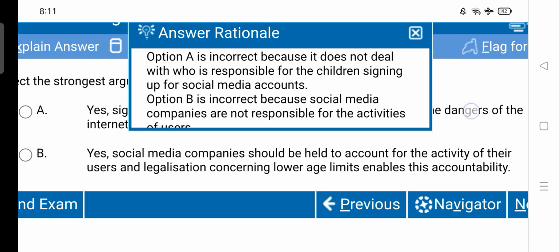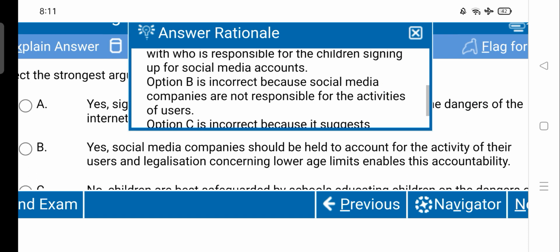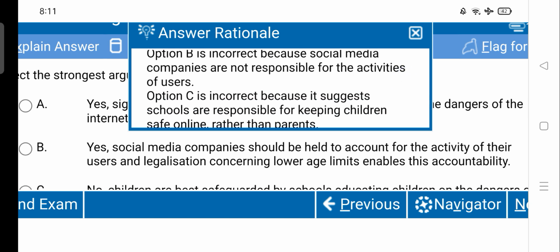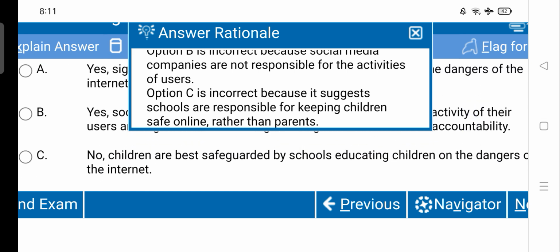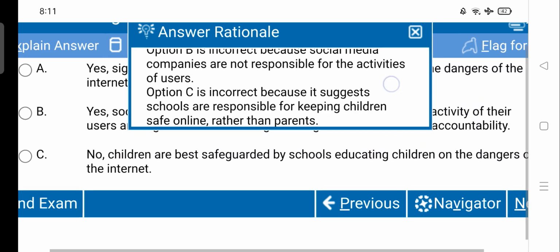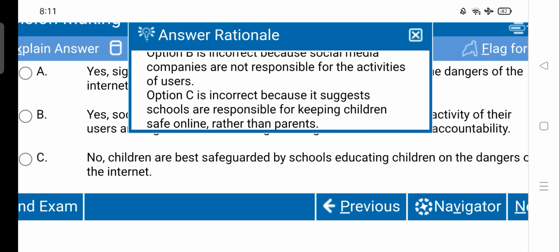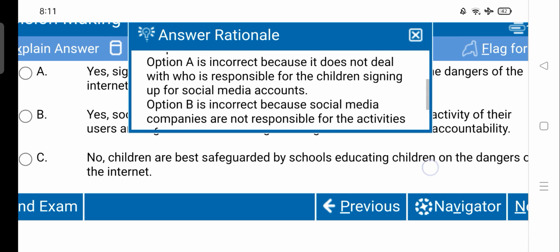Option B is incorrect because social media companies are not responsible for the activities of users. Option C is incorrect because it suggests schools are responsible for keeping children safe online rather than parents.